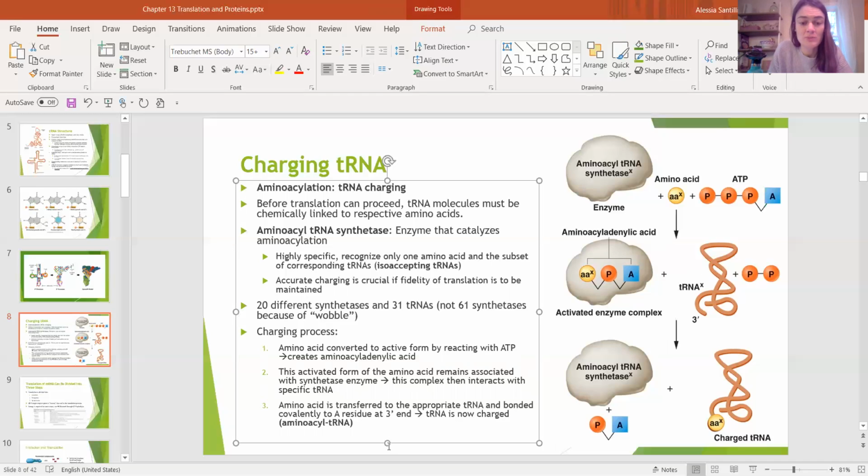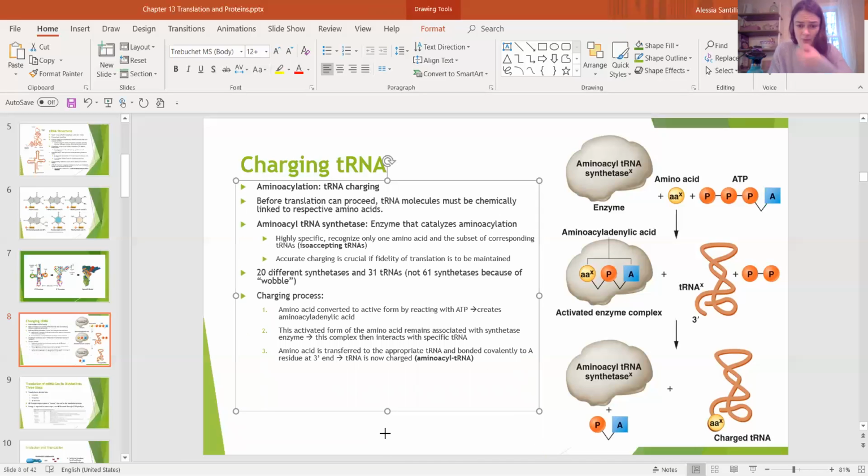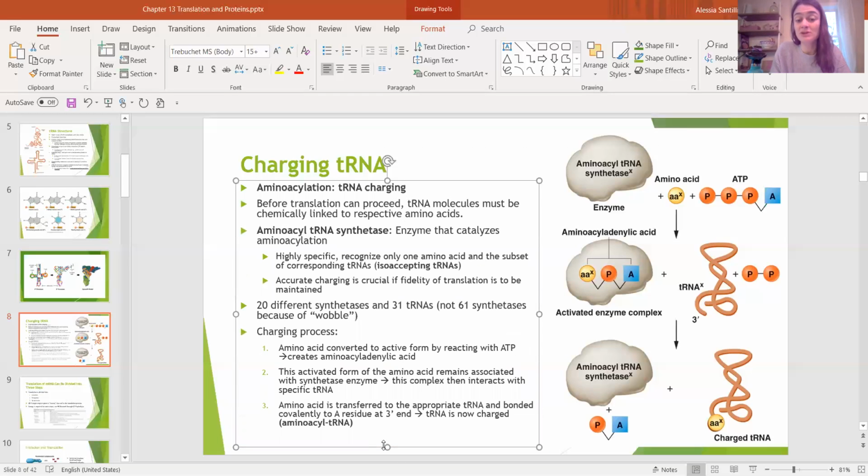The amino acid is transferred to the appropriate tRNA and bonded covalently to the adenine residue at the 3' end. And so once our tRNA is charged, this is now known as an amino acyl tRNA. And usually we don't even call them amino acyl tRNAs, we just call them by whatever amino acid they're actually holding. So a methionine tRNA or a leucine tRNA, whatever specific amino acid we are considering.